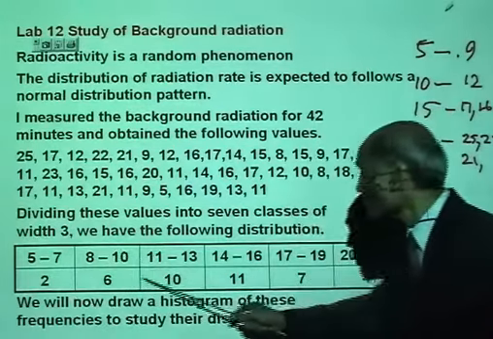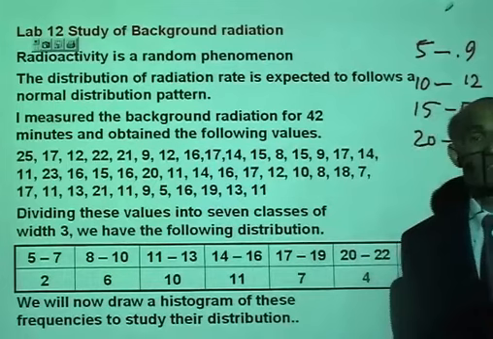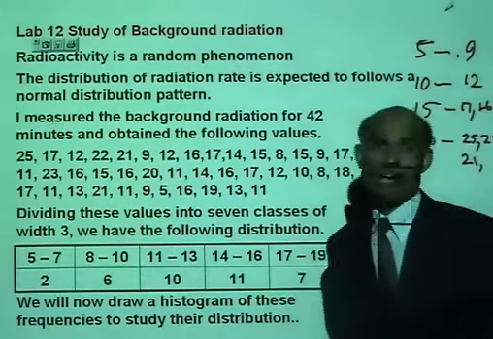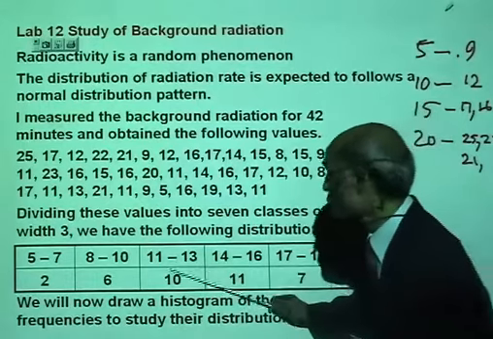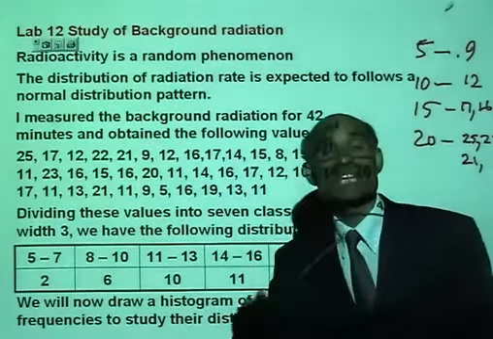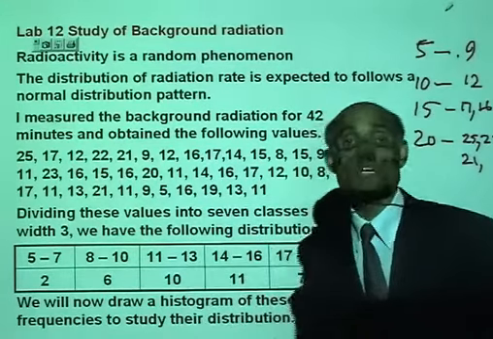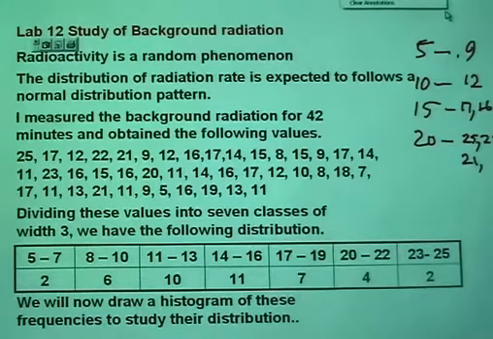This is the way these radiation counts are distributed. I don't know how many of you know how to draw a histogram. I can now use these numbers to draw a histogram to see how these numbers are distributed. I'm going to take you to the next slide and show you that.